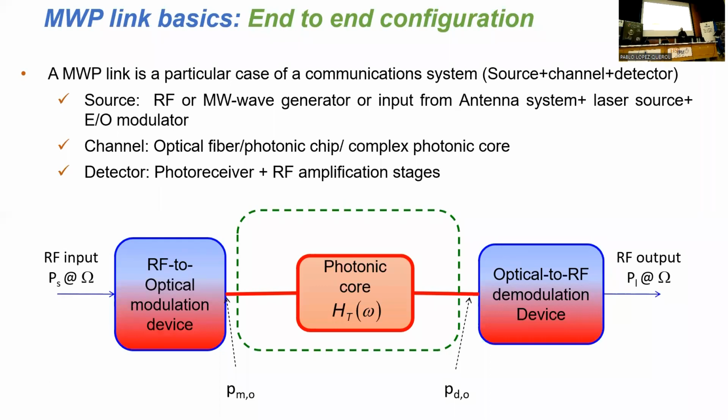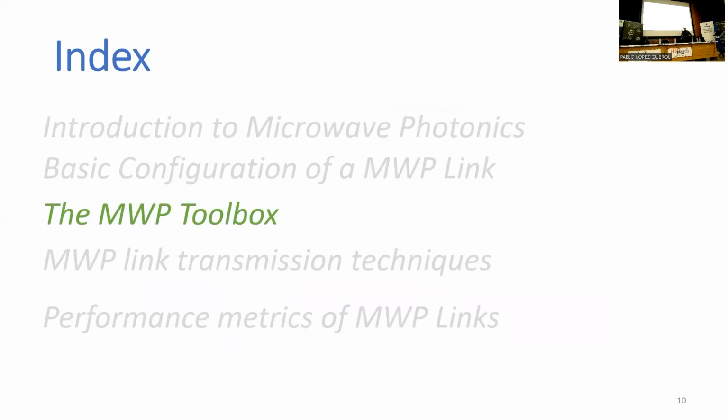We don't want to be very specific about this, so I will use this terminology to label the RF input power and the RF output power with capital letters, the intermediate optical powers with lowercase letters, and the photonic core action, whatever it is, I'm going to represent with a transfer function. We don't care about that.